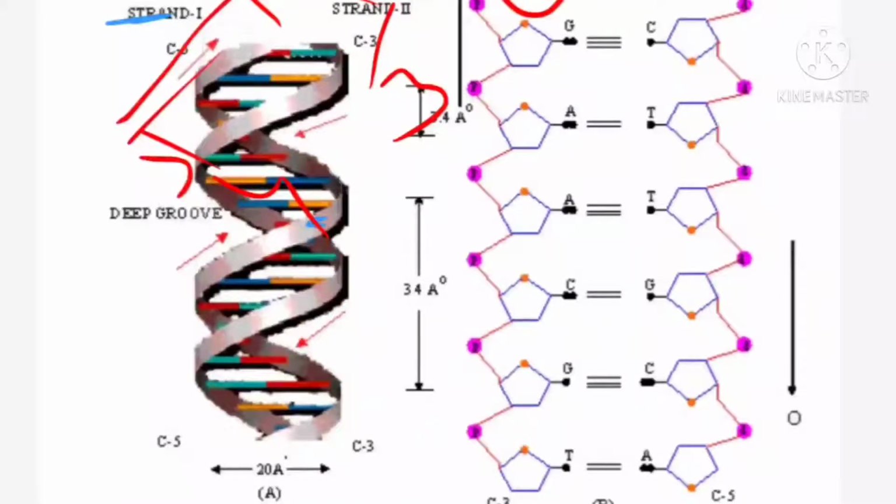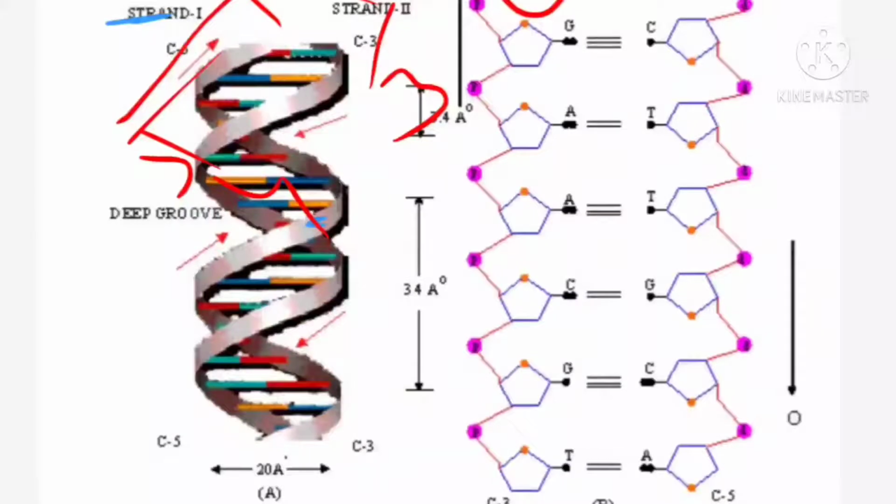Each and every bond has carbon present. Glucose, if you are writing, how will you write? C6H12O6. So if the sugar carbon is attached in the third position, then we call it the 3' end.